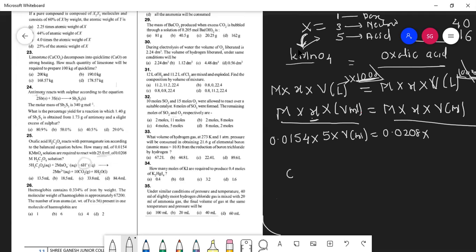Oxalic acid's formula, students, is COOH. So can you tell me what will be its valency factor? In the acid case, how do we calculate valency factor? Yes.